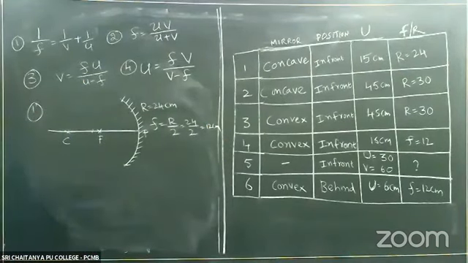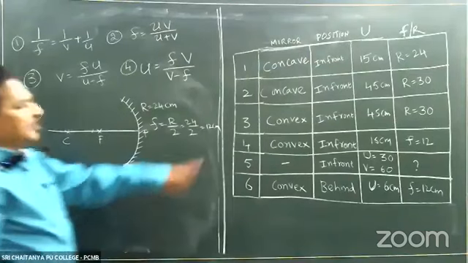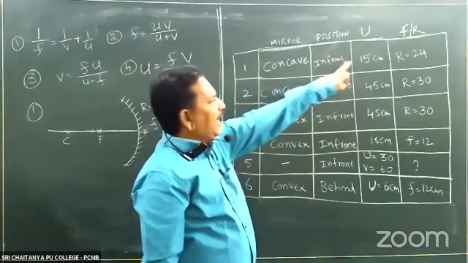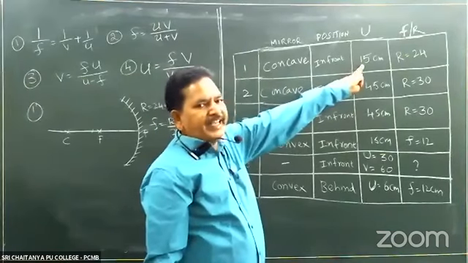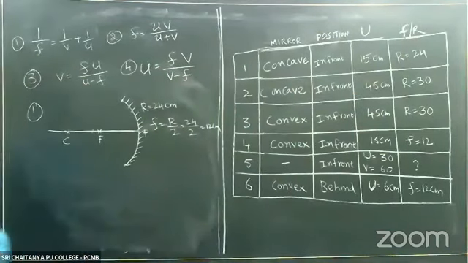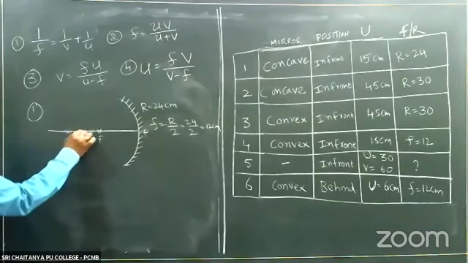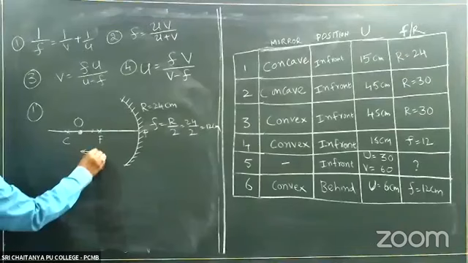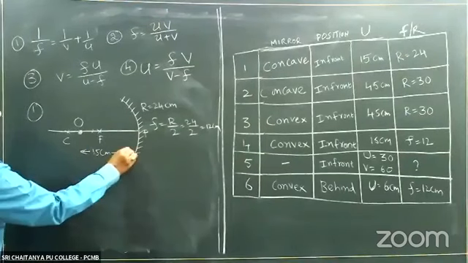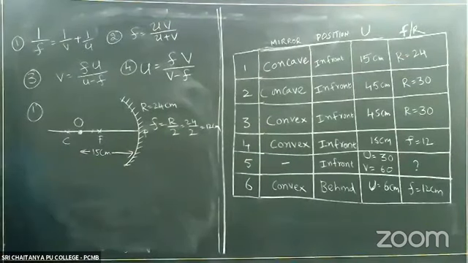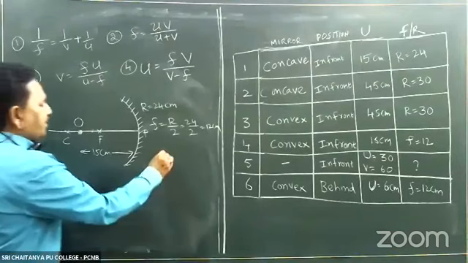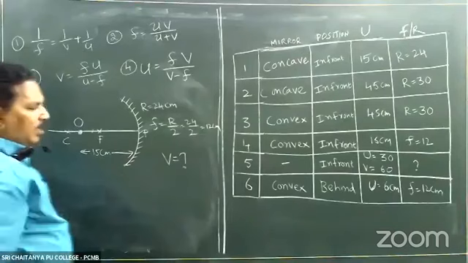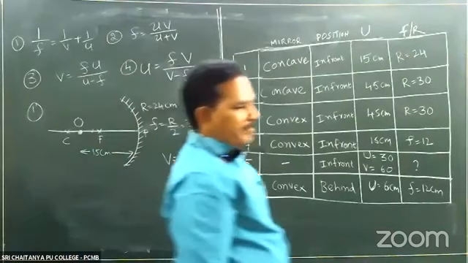U value: the object is kept in front of the mirror at a distance of 15 centimeters, somewhere here. We have to find the position of the image and also the nature of the image.